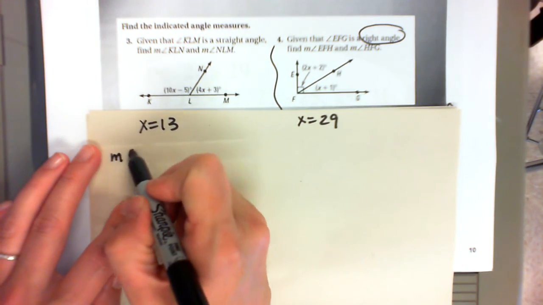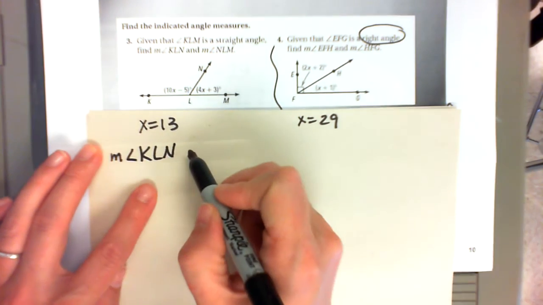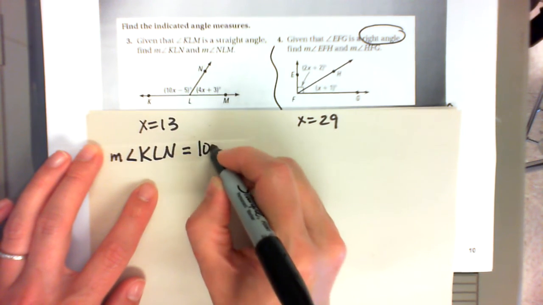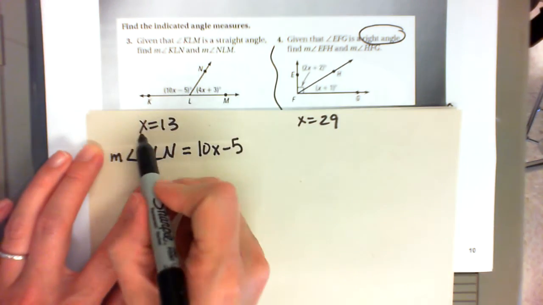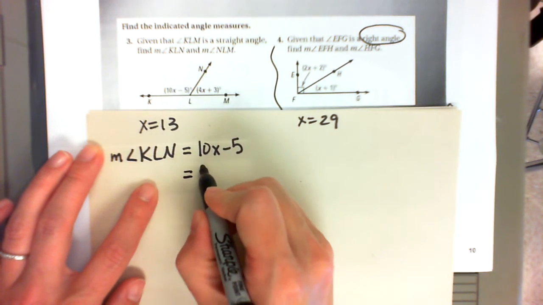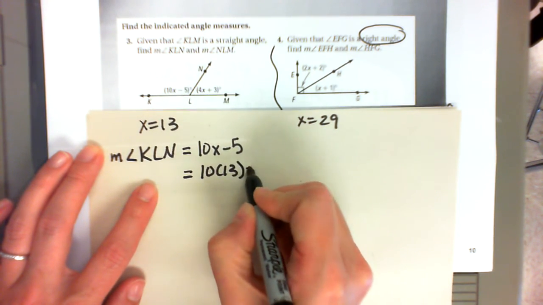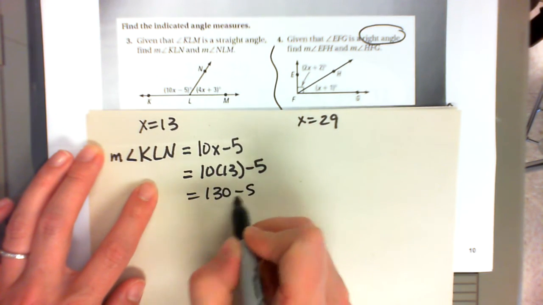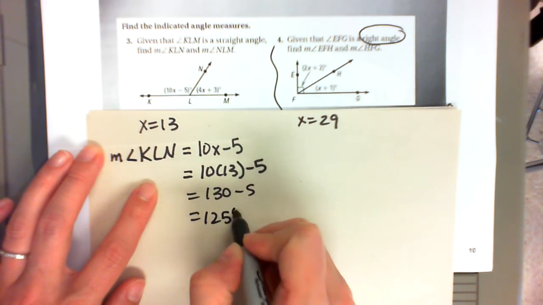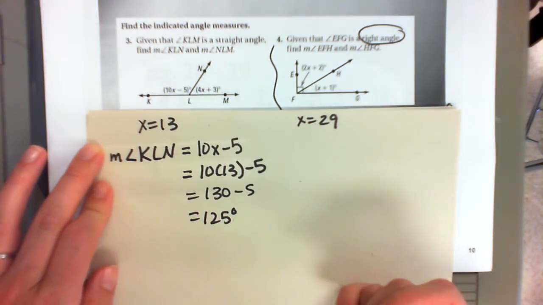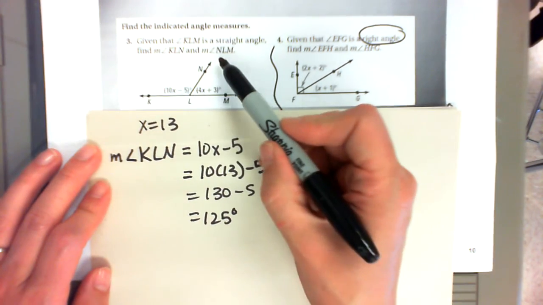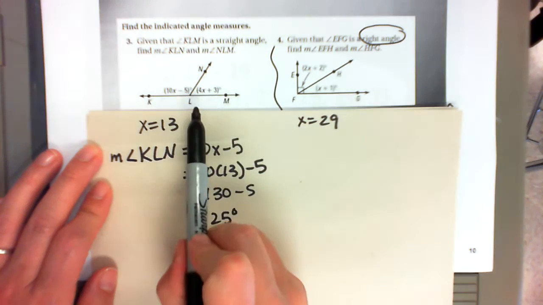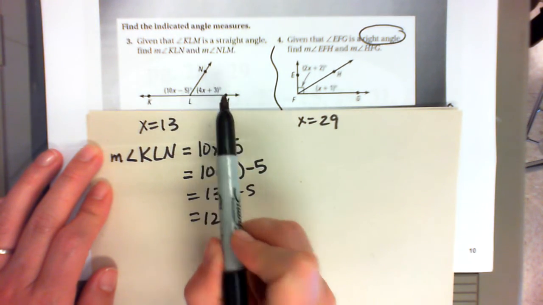So the measure of angle KLN is represented by the expression 10x minus 5, and we know that x equals 13. So 10 times 13 minus 5, 130 minus 5, 125 degrees. Two things I can do here. I can find the measure of angle NLM by substituting 13 into the 4x plus 3.